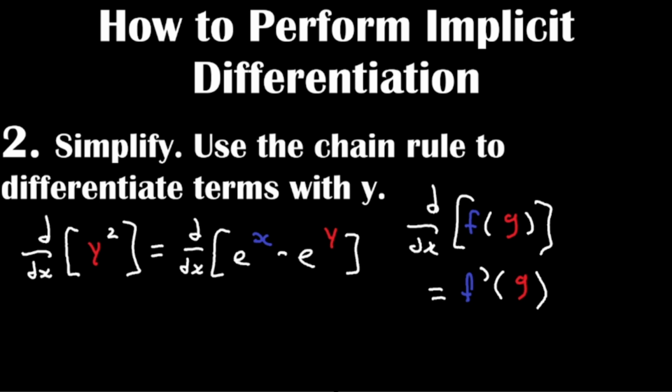So for us, that would be g prime. For differentiating y squared, our outside function is x squared, because we're squaring whatever's on the inside, and then the inside is just y.